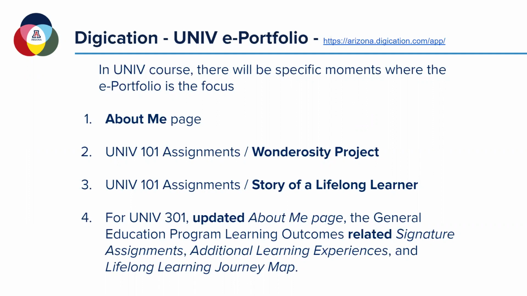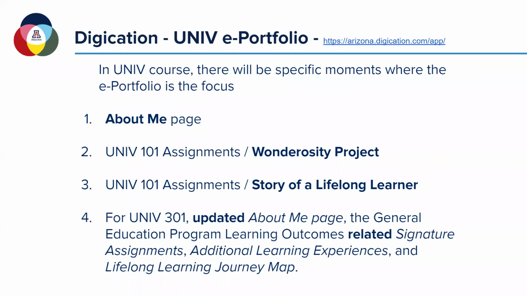So for this, we are going to use arizona.digication.com. That is our landing page within the university domain. And in the university course, there will be specific moments where the e-portfolio is the focus.